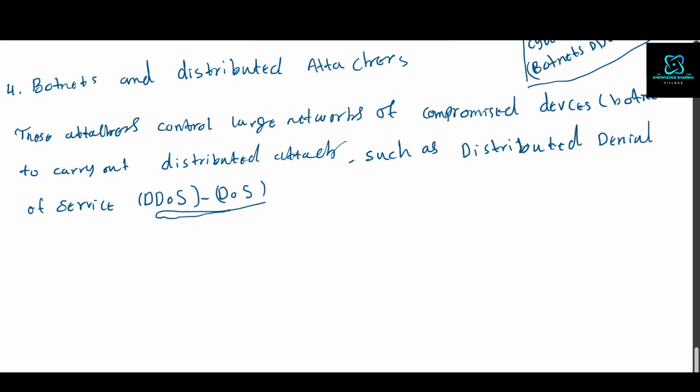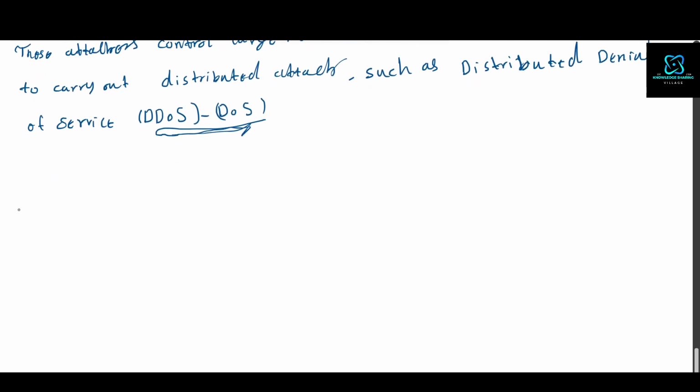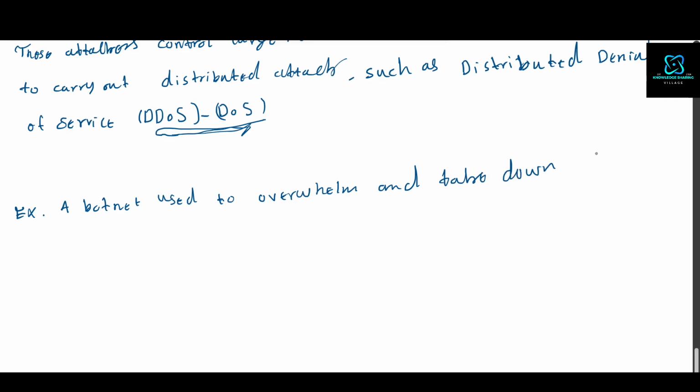We are going to talk about what this type of attack is and what the differences are in the video that is specifically about that one, but not here. An example for this can be a botnet, which is a network of compromised devices. A botnet can be used to overwhelm and take down a major website.